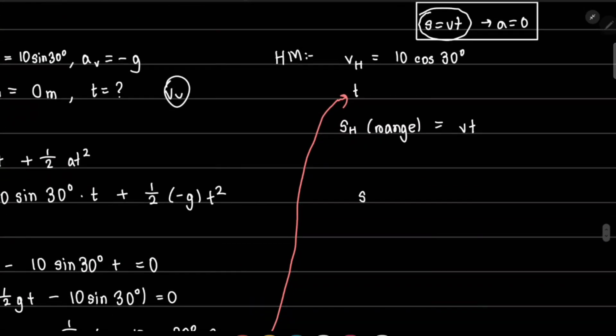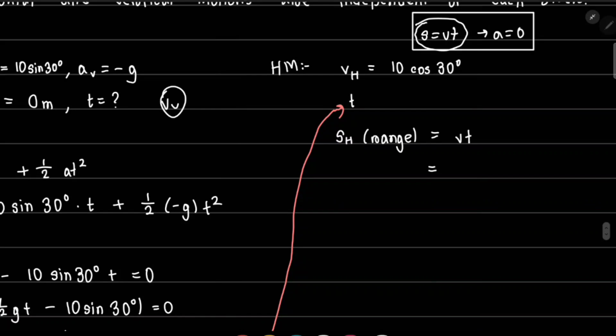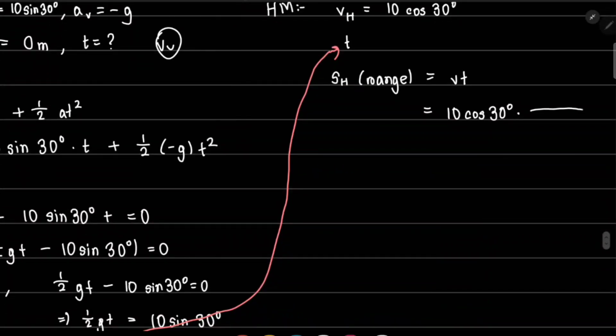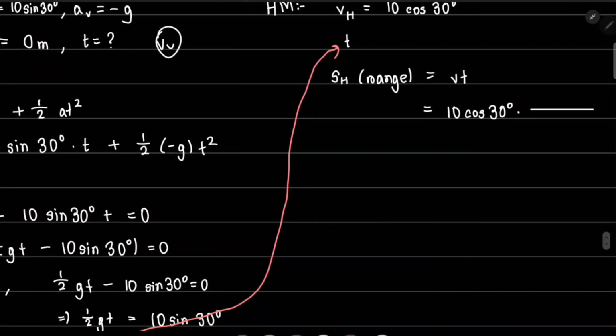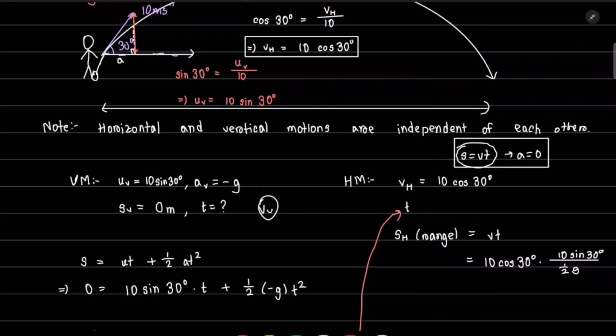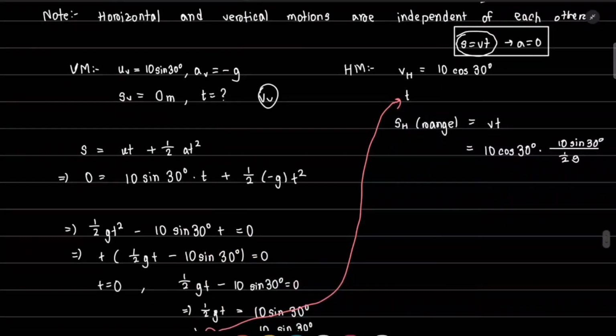So we have S horizontal equals V horizontal, which is 10 cos 30 degrees, multiplied by the flight time, which is 10 sine 30 divided by half g. And that's the answer. Now this is to find the range.